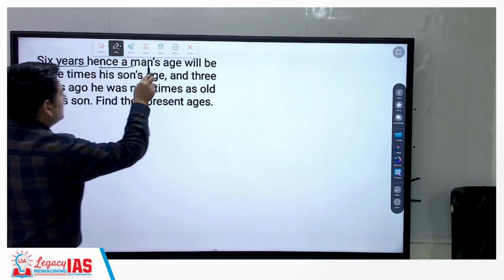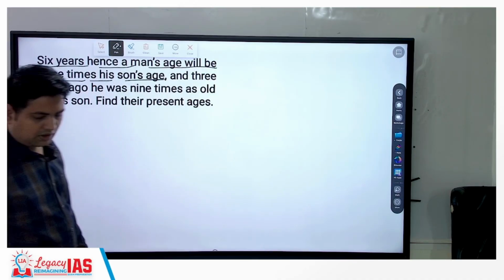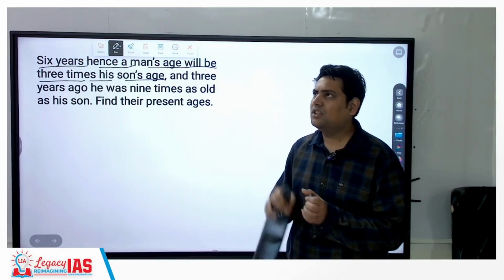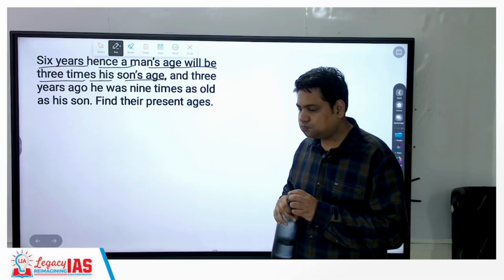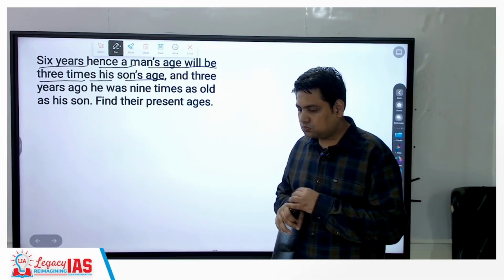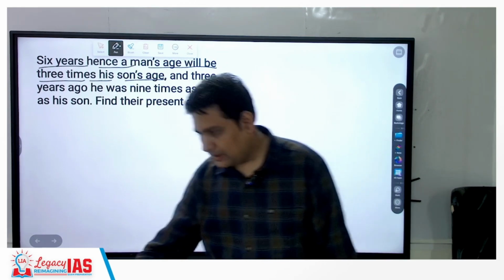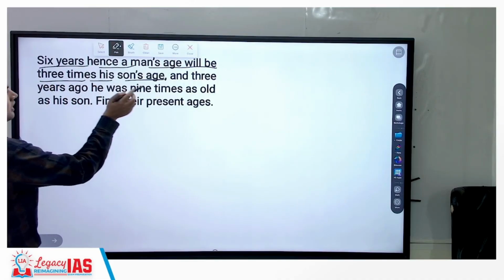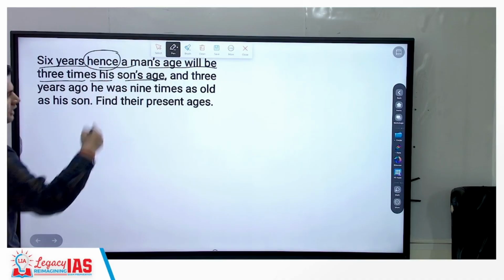6 years hence, a man's age will be 3 times his son's age. Okay, what does it say? 6 years hence. Hence means what? Hence means after 6 years.